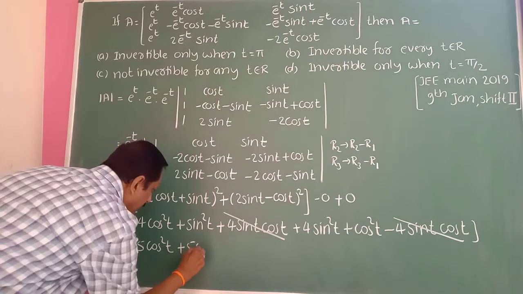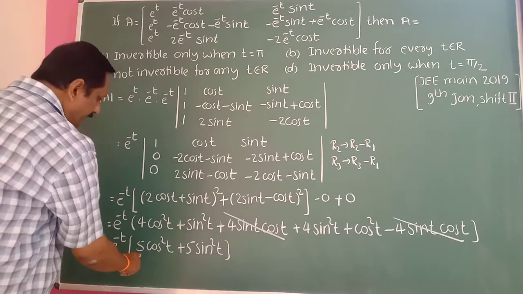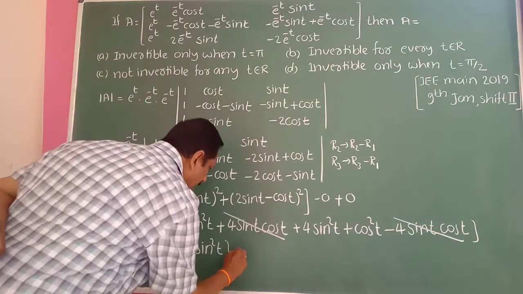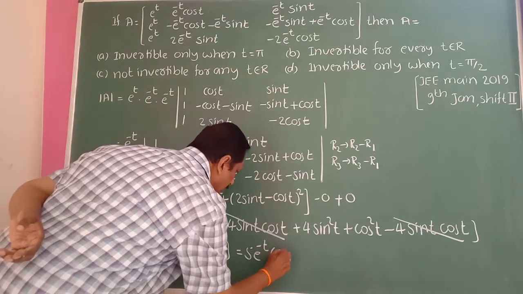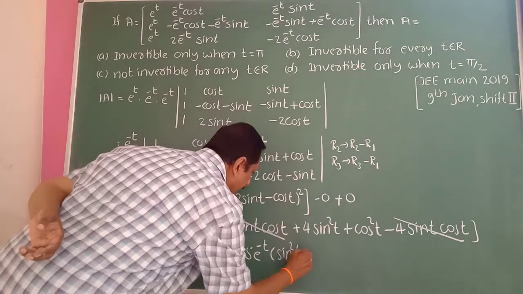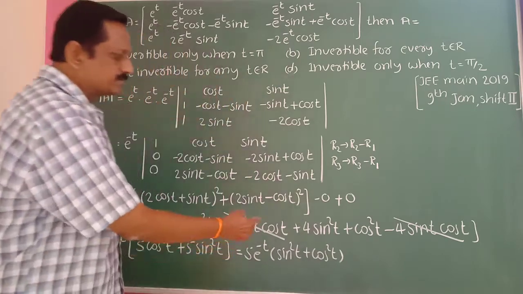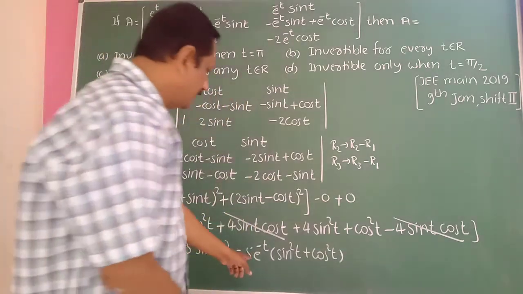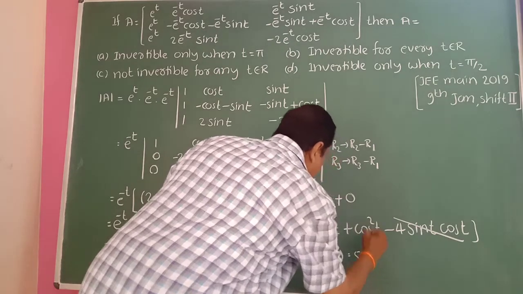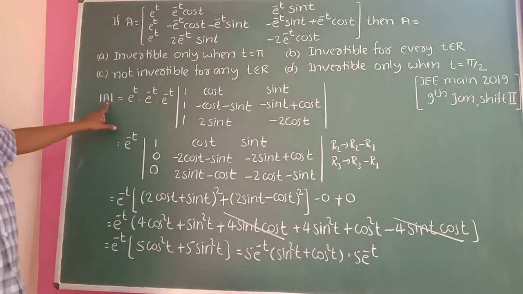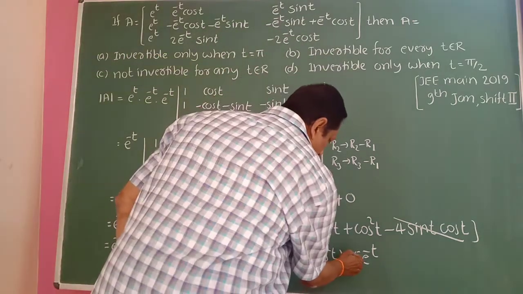Then 5 is a common factor, keep outside: 5 into e raised to minus t into sin square t plus cos square t. Sin square plus cos square is 1 here, so this term is 5 e raised to minus t. Then determinant of A is 5 e raised to minus t.